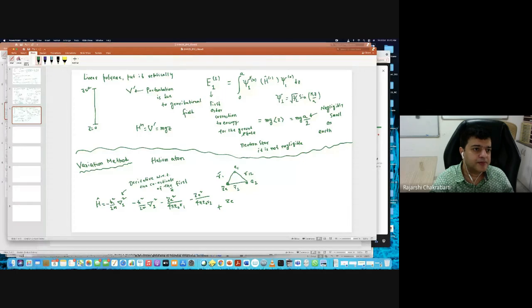It is e squared, but with a positive sign, over 4 pi epsilon 0 R12.